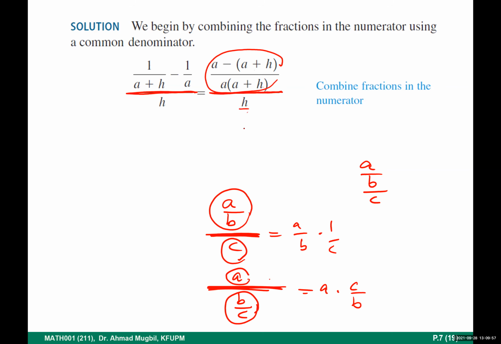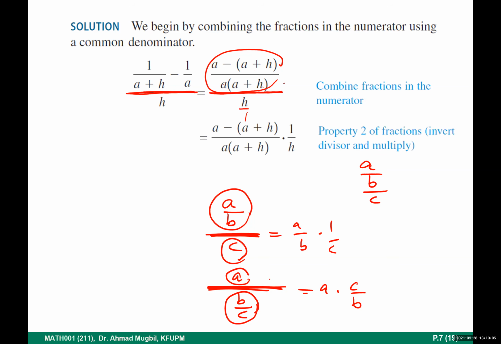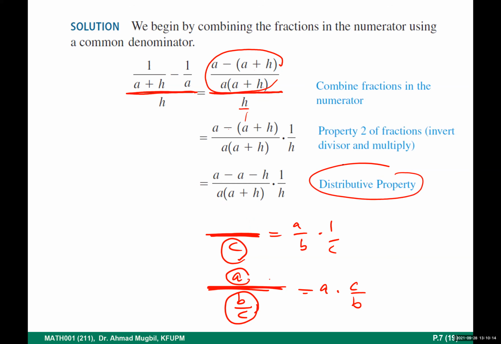So this will be h over 1. So we write this as it is, and we multiply it by the reciprocal of h, which is 1 over h. Now simplify here a minus, distribute the negative, and make sure when you distribute it, you do it the right way. The distributive property is the most repeated property in this course.